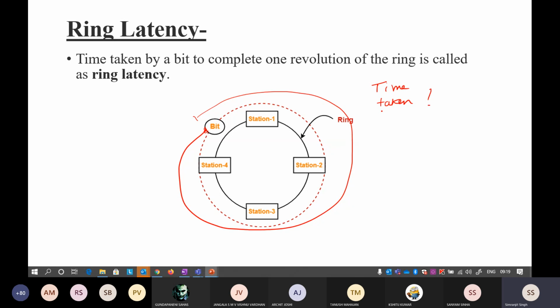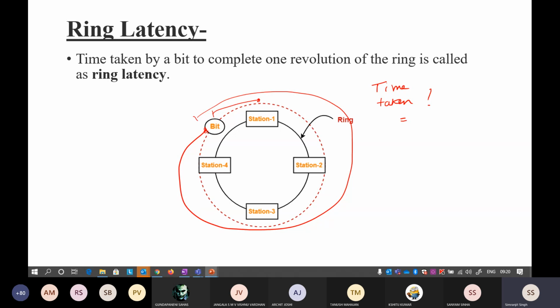I'll just try to calculate the time here. If your bit starts from here, it will go to this station.